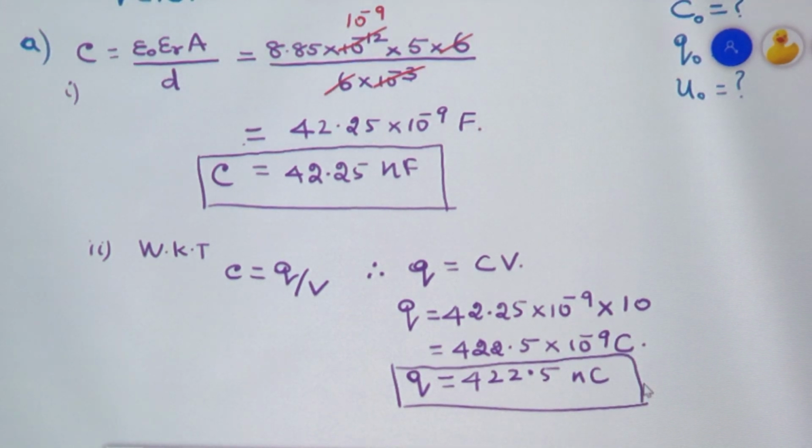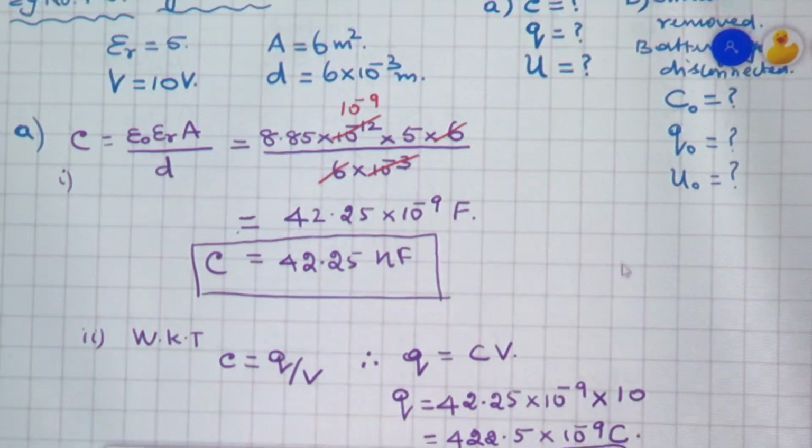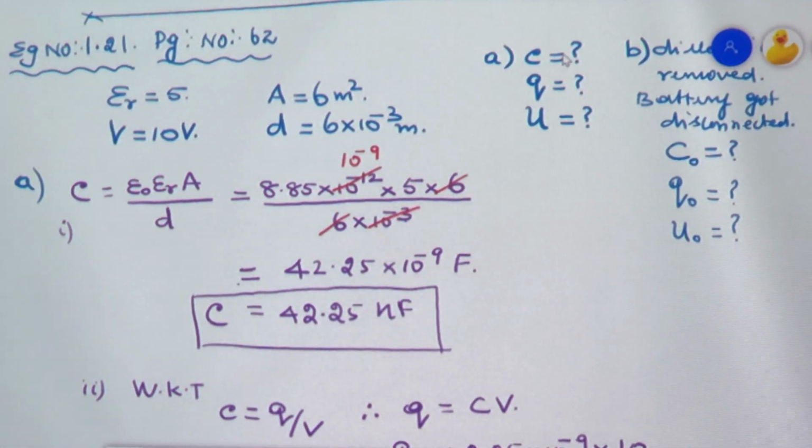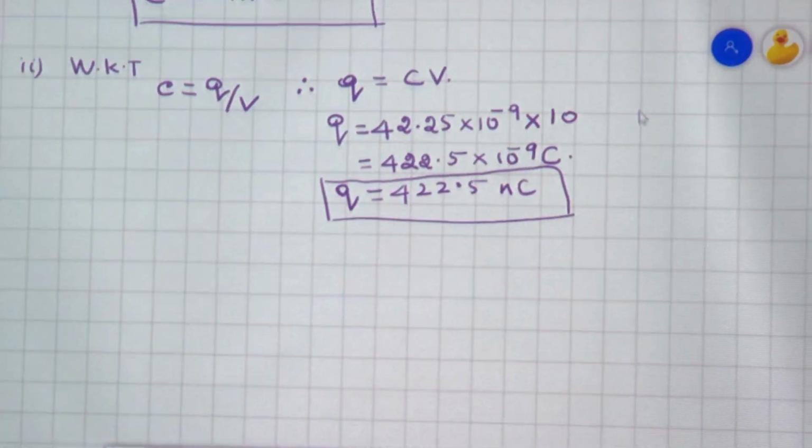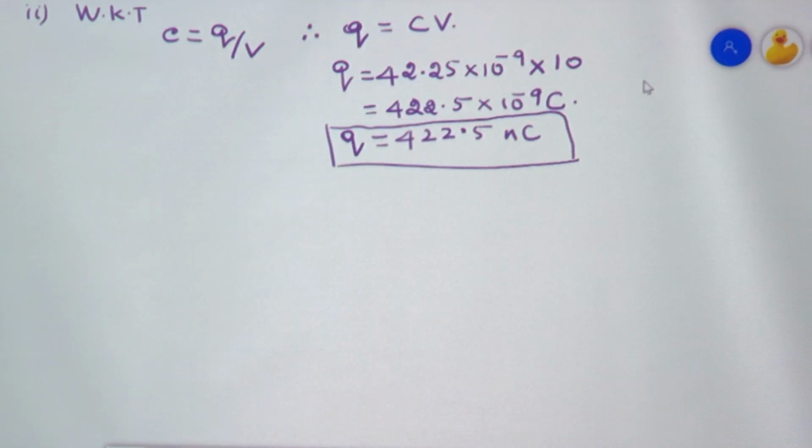Okay, what is the next one? See, in your book they have asked only to find the charge, but while calculating, they have also calculated the energy stored. So let us calculate what is the energy stored in this capacitor. So the third subdivision is the energy stored. Let us write the energy stored is equal to epsilon.